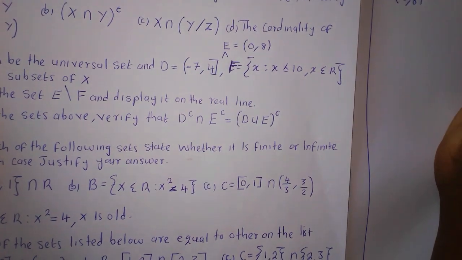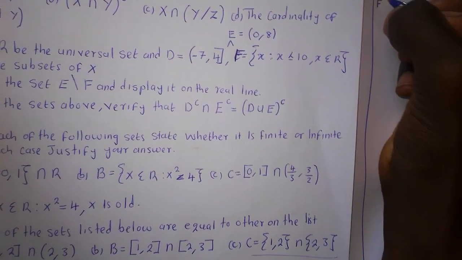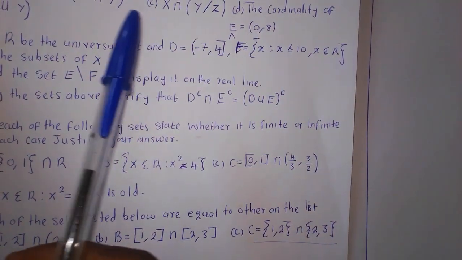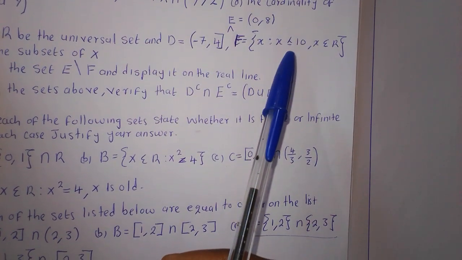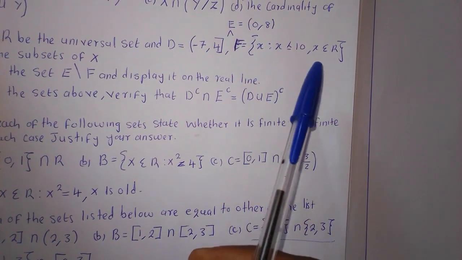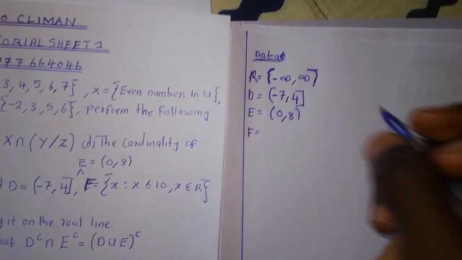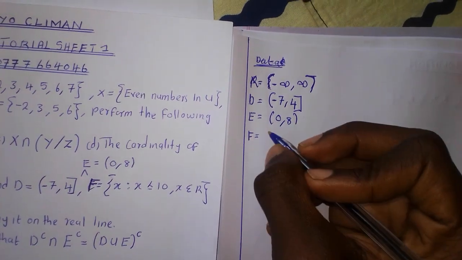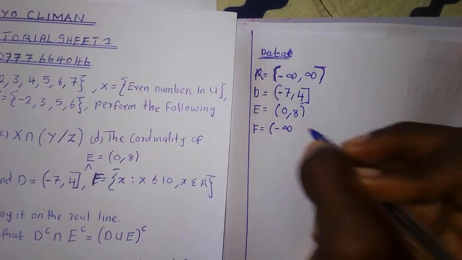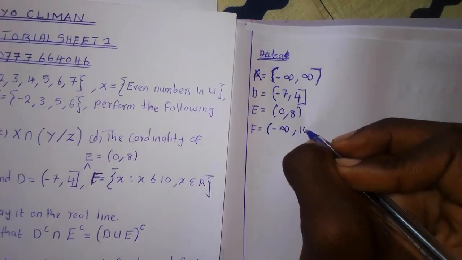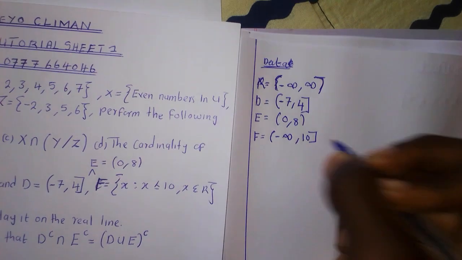Okay. Then F, they are saying that all x values less than 10, such that x is part of all real numbers. So what we are simply saying here is that F is going to be a set coming from -infinity going to some point 10 included.